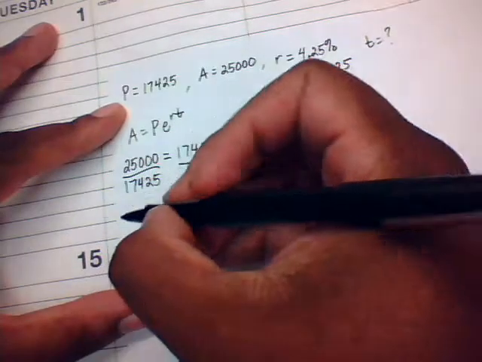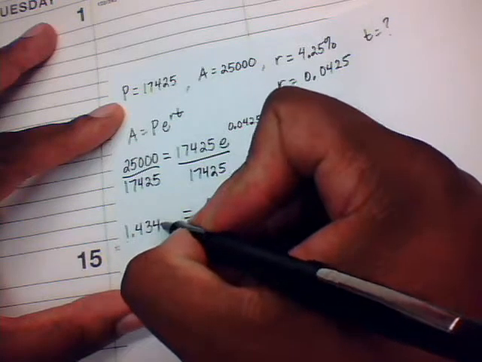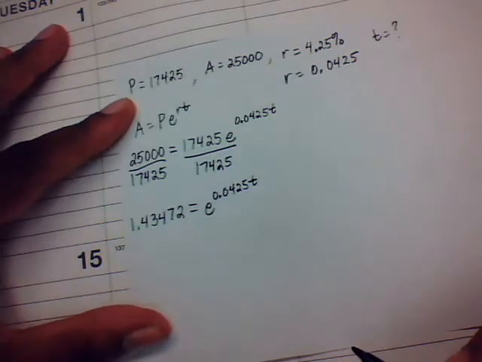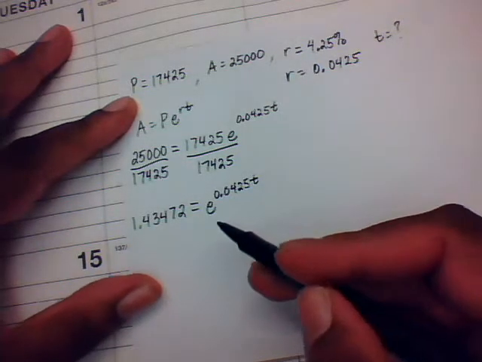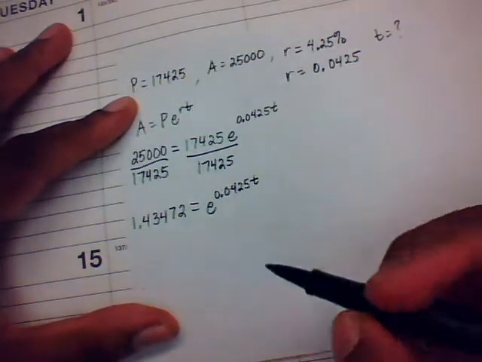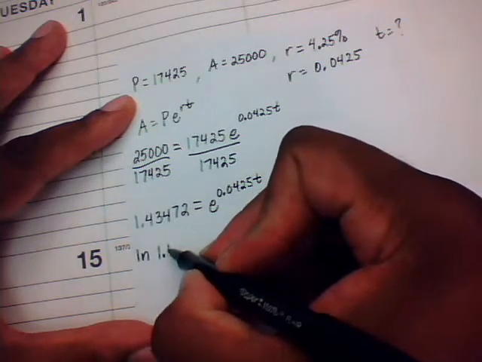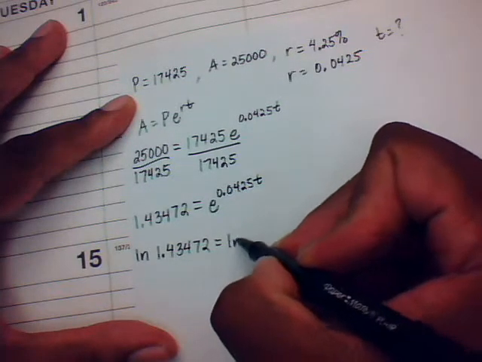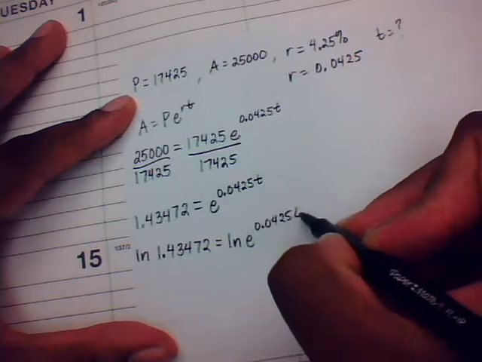And I'm going to use as many decimal places as I can: 1.43472. And then e and ln are inverses of each other, so we'll take the natural logarithm on both sides. So I have ln of 1.43472 equals ln of e to the 0.0425 times t.